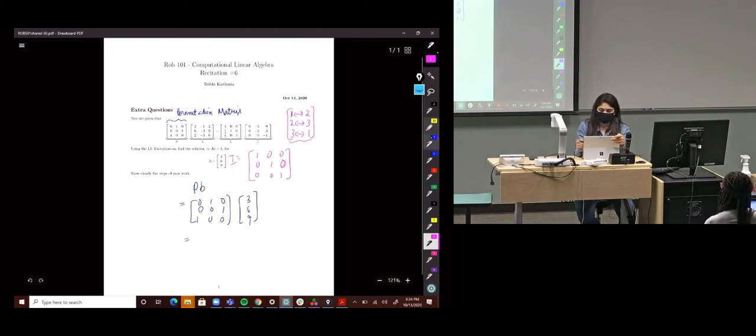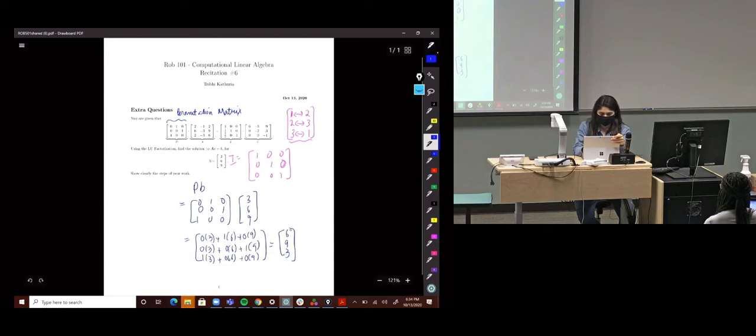So when I multiply it with B, you'll see 0 times 3 plus 1 times 6 plus 0 times 9. This becomes 0 times 3 plus 0 times 6 plus 1 times 9. This is 1 times 3 plus 0 times 6 plus 0 times 9. You add it out, this is 6, 9, 3. So this map holds true.